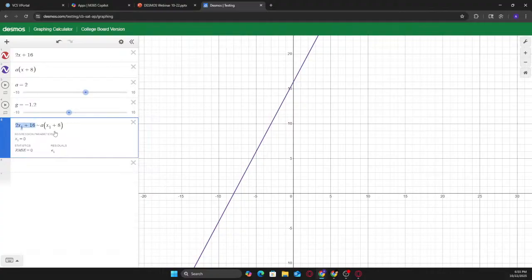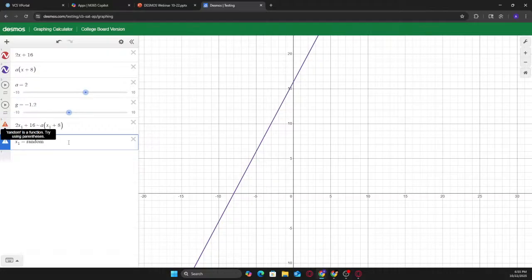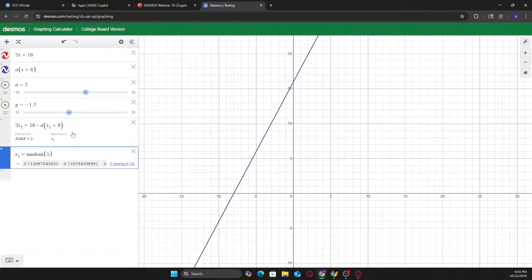But if that were the case, it just wouldn't work out, because x1 is just a constant. We want it to be random. Random is a function. So right here, hold up.